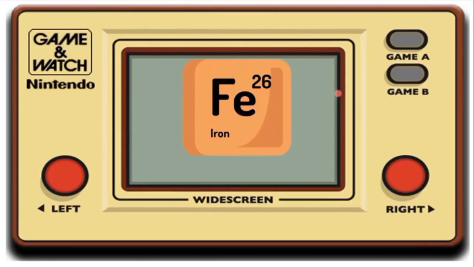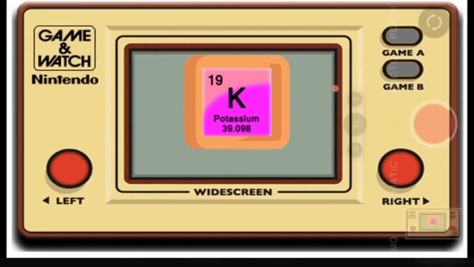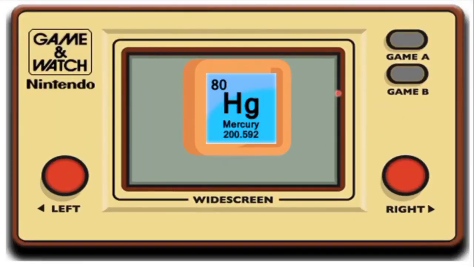Let's start with iron. By looking at your periodic table, iron belongs to metals. Next, potassium. Potassium is a metal element. How about mercury? Mercury is a metal element.